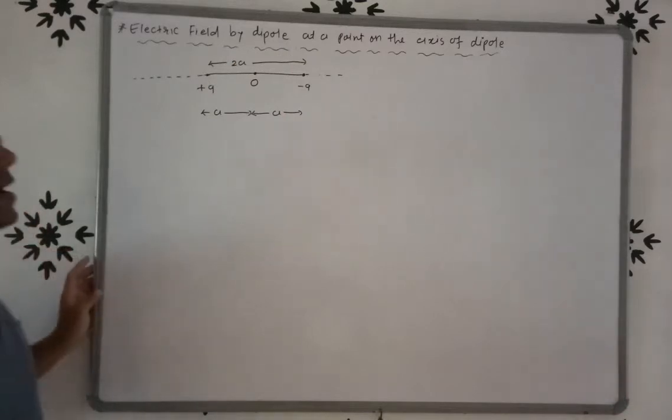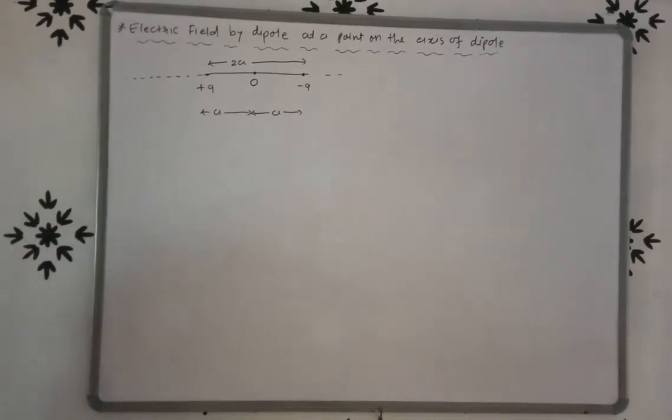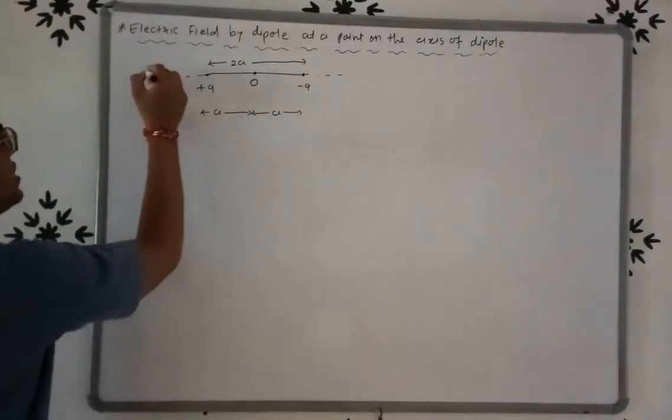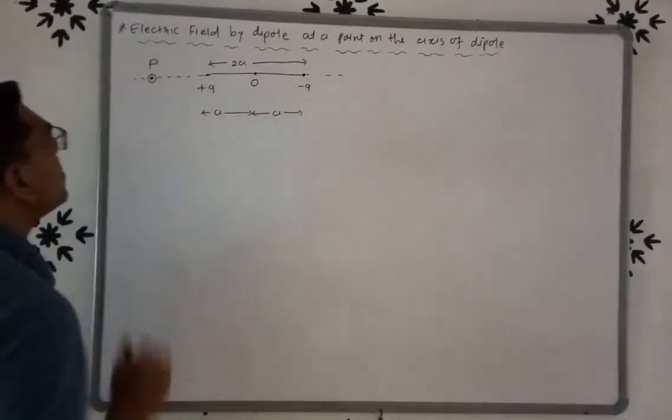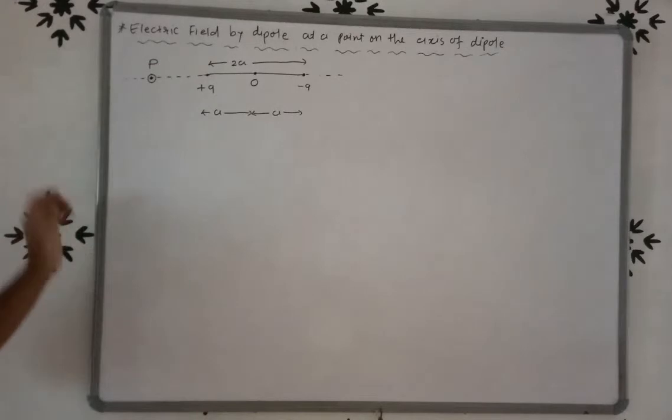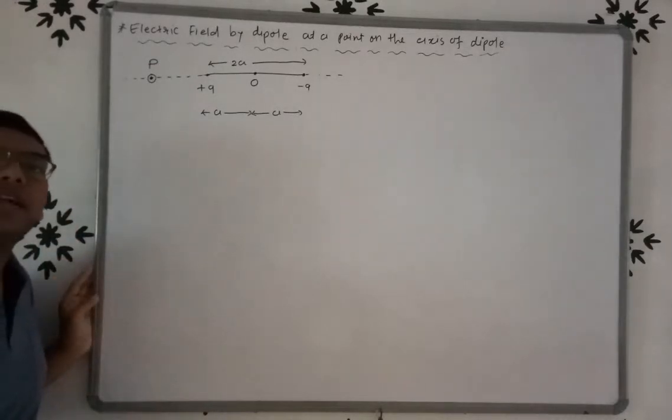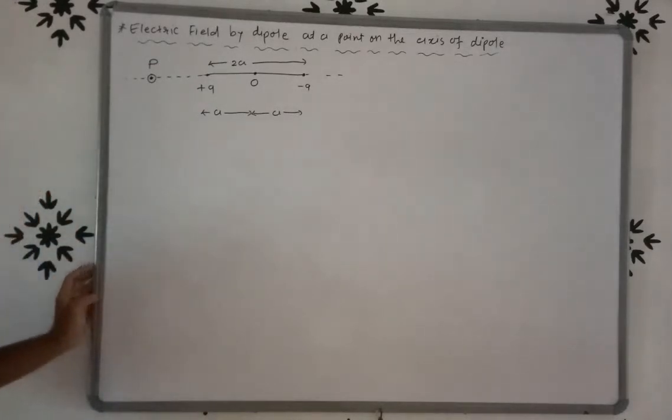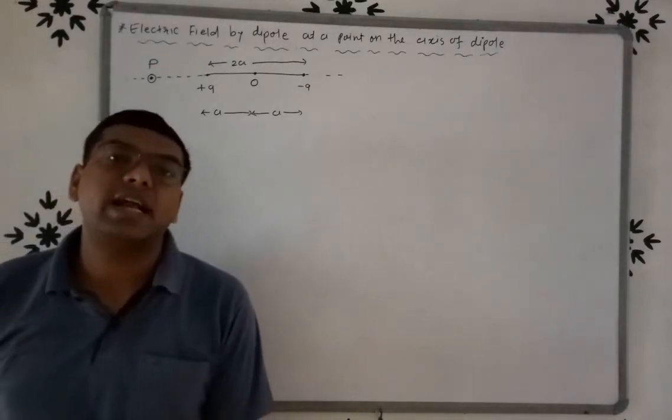Now we have to find out the formula of electric field at a point on the axis of the dipole. So suppose here we consider point P. So suppose at point P we have to find out the formula of electric field, right?